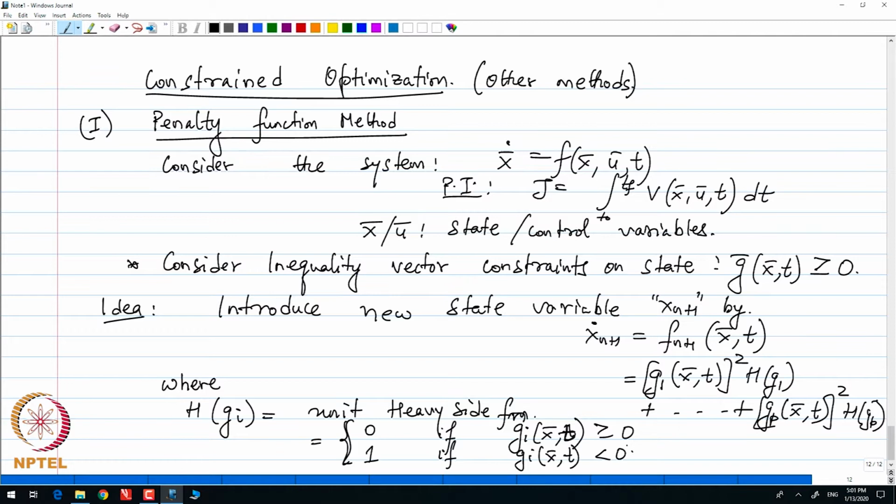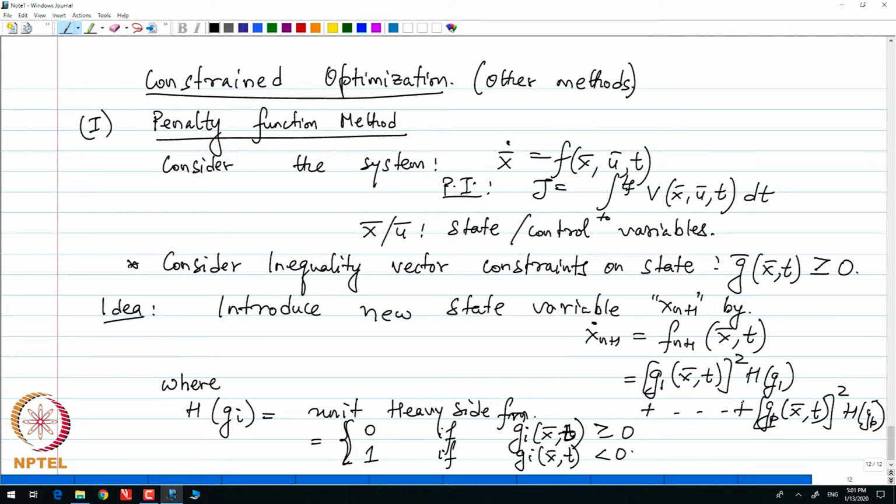Notice that when the constraint is negative, we take a square of the constraint, so this will always be positive, which means the right hand side will never be less than 0. The minimal value of the right hand side will be 0.